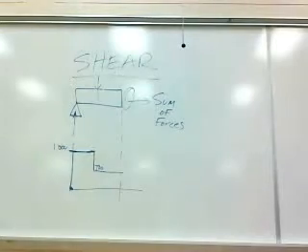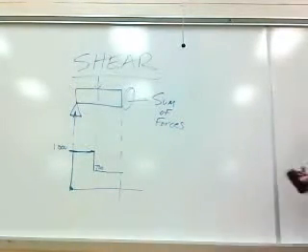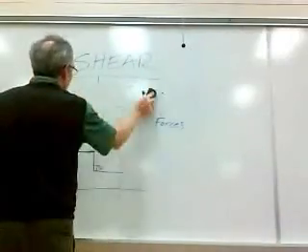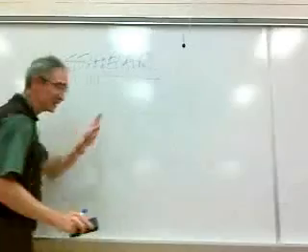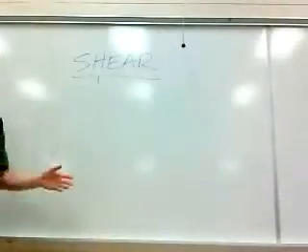In reinforced concrete beams, what you've got to understand about shear and why it's such a big deal is that a section of a beam, any beam, has to resist that shear force. 700 pounds, 7,000 pounds, 70,000 pounds, whatever it is, it has to resist that shear force.